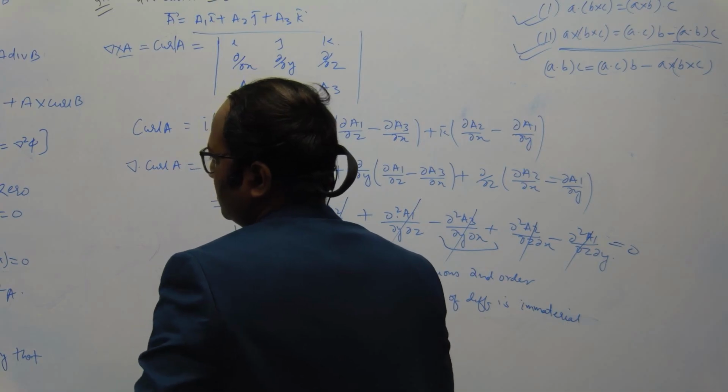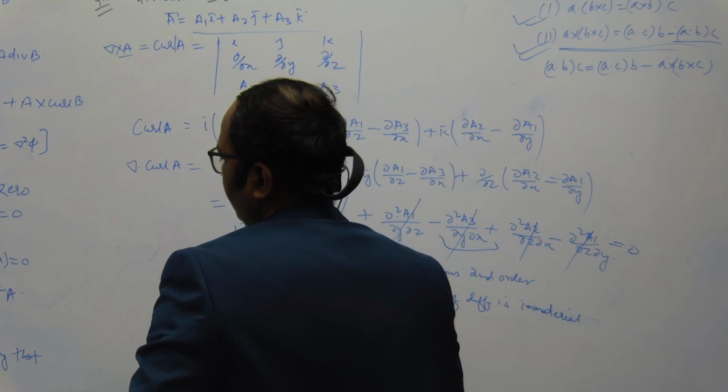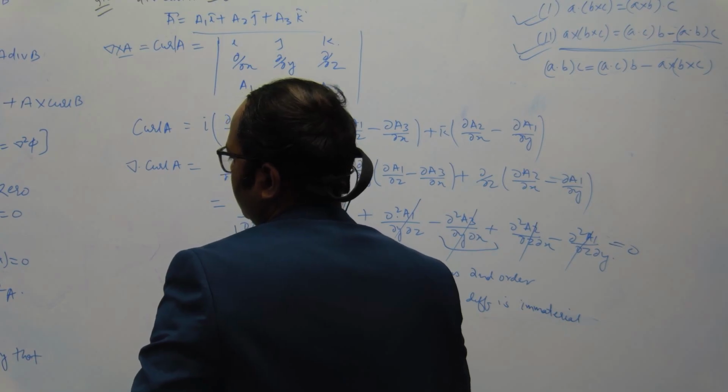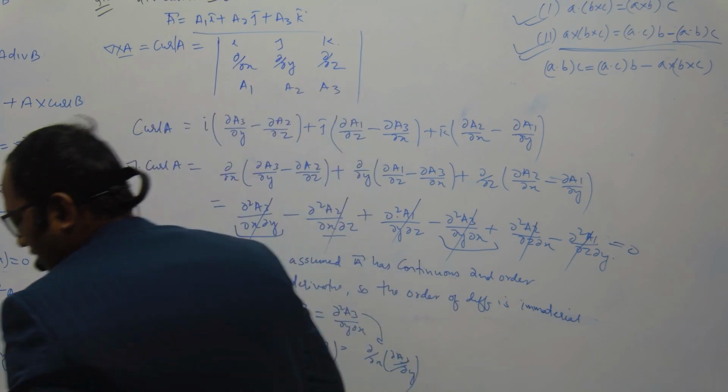Let us discuss question number 11. Prove that del cross (del cross A) is equal to del (the gradient) of del dot A minus del square A. Let us solve this.